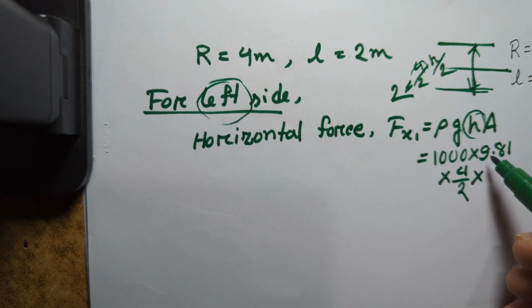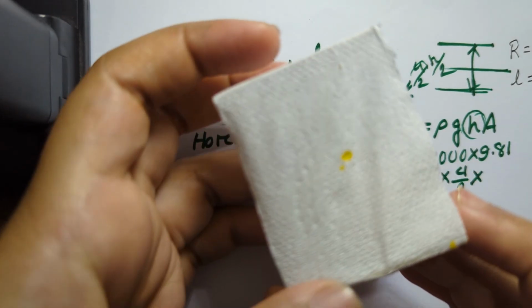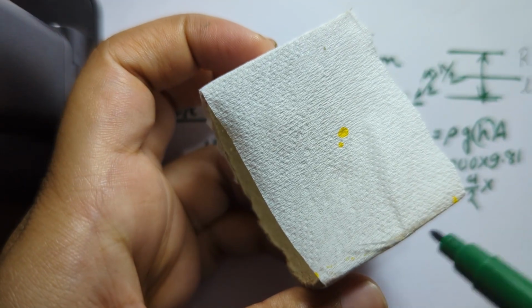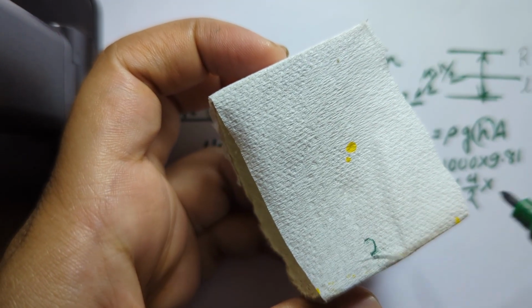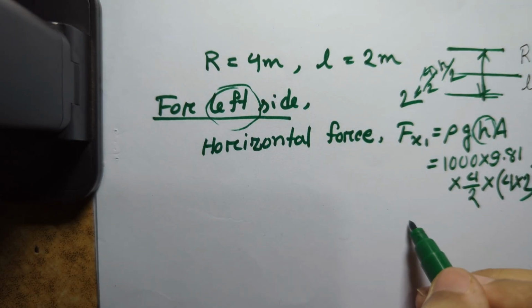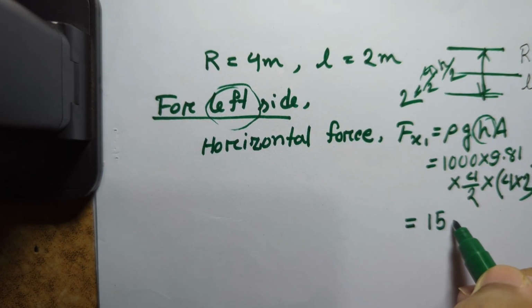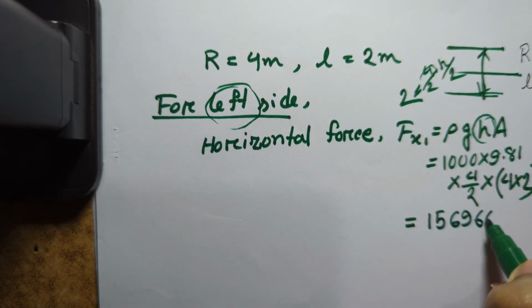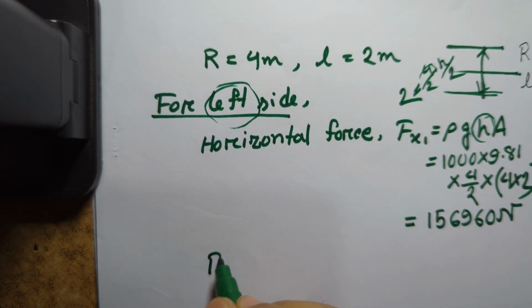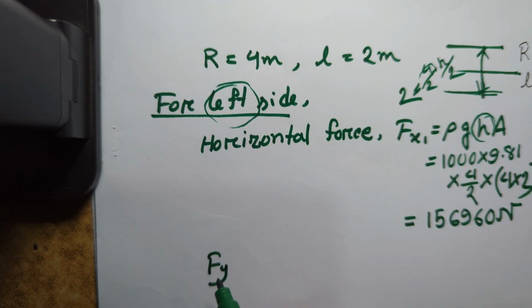We saw the area is this surface, the radius 4 meter into the length of the cylindrical gate, which is 2 meter. So the area is 4 into 2. So this force will be 156960 Newton.